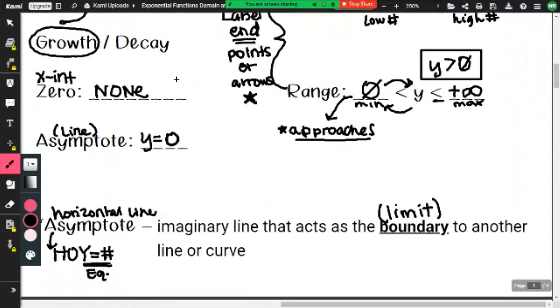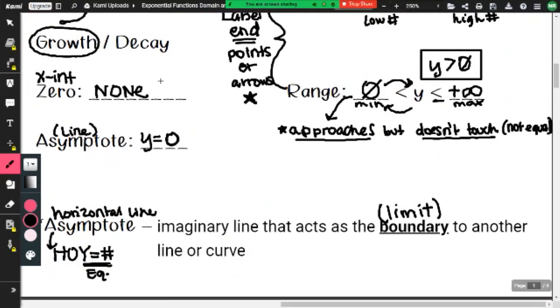It gets close to, but doesn't touch. If it doesn't touch, is that an intercept? No. So that means it's not equal. If it doesn't touch, it's not equal. You don't underline it.